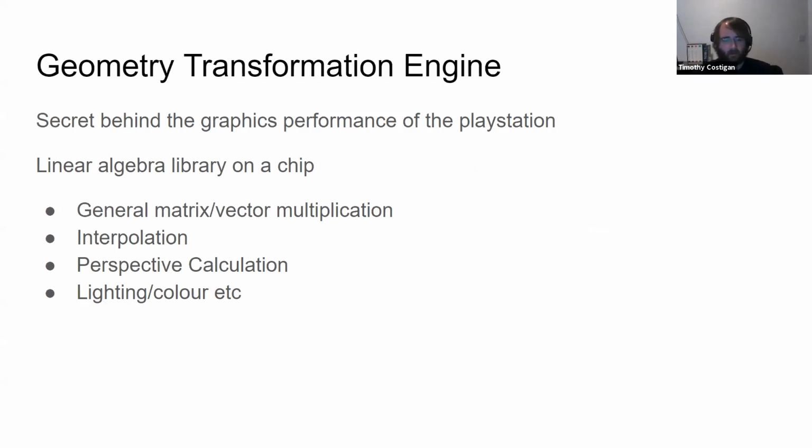I guess it's similar to a single instruction, multiple data setup, and it has registers where they could store matrix values, and then you could send commands to it to tell it to do matrix multiplication and interpolation and things like that. And it's the reason why the PlayStation, with its at that stage 6 or 7 year old processor, was able to do hundreds of thousands of triangles at a time when PCs could only do a few hundred.